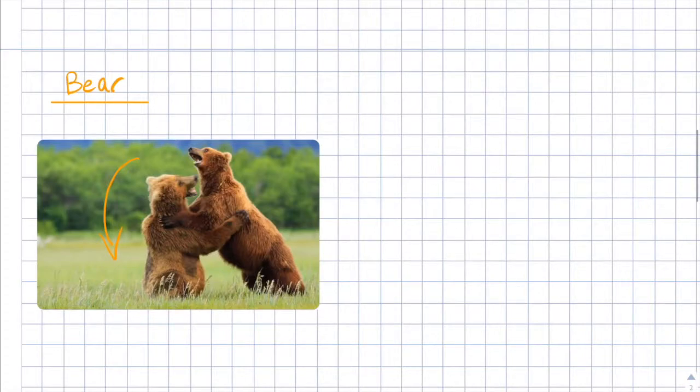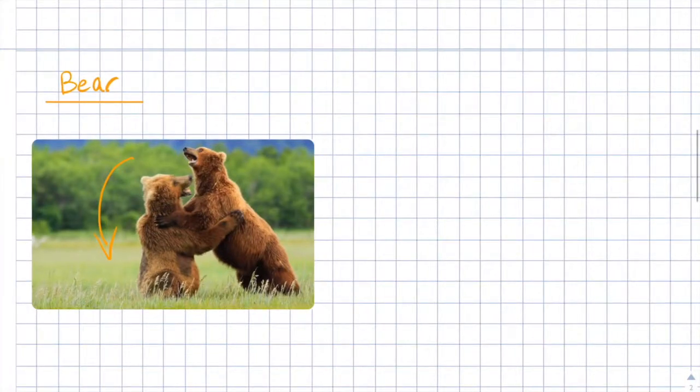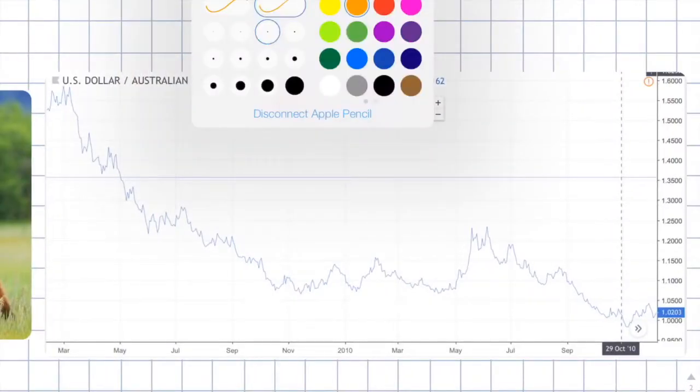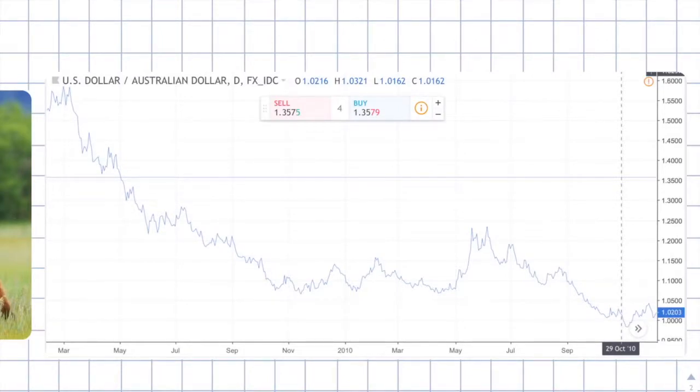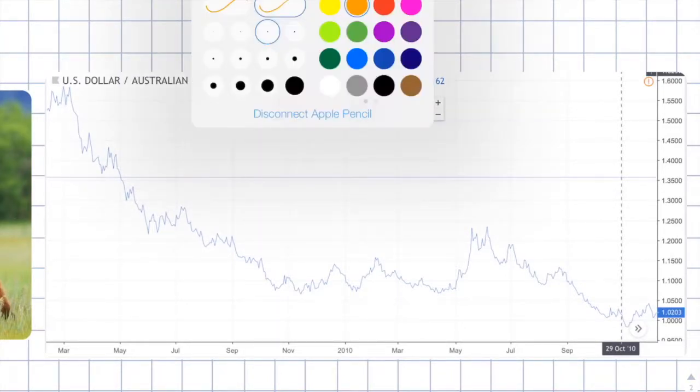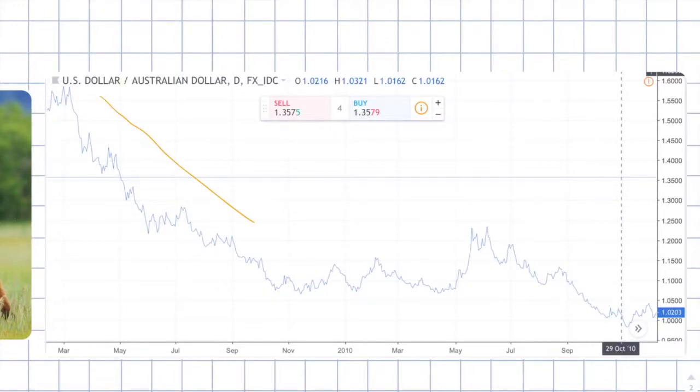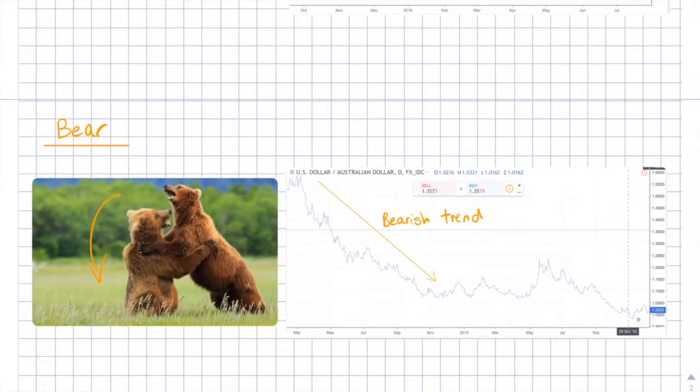And if you look on the forex chart on the right, you will see the same graph but at a different time. There is a bearish trend, a downward trend, and that's as easy as it gets. It's just getting familiar with this jargon, and that's it. And now we're going to move on to buying and selling.